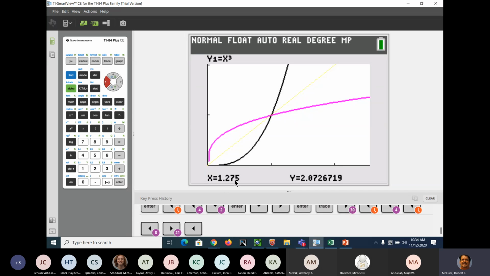1.275, comma, 2.07. So on the black, I'm going to zoom out just a little bit.